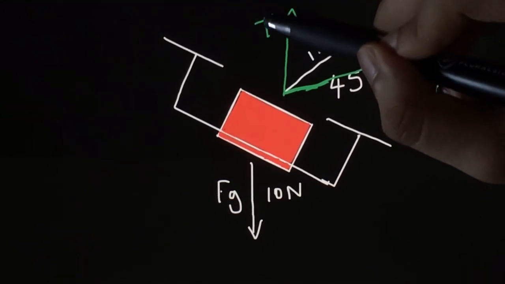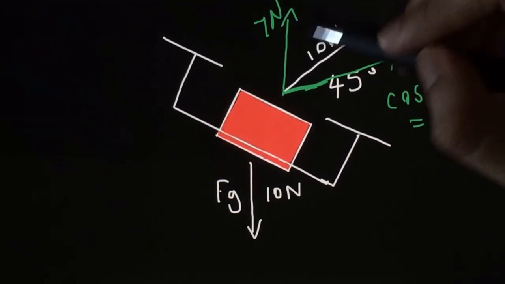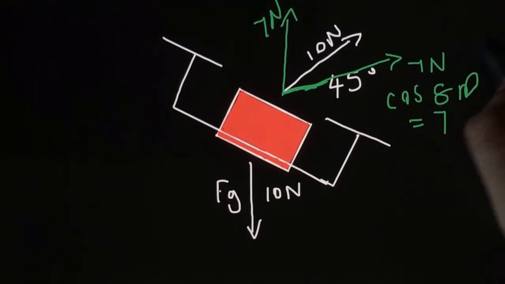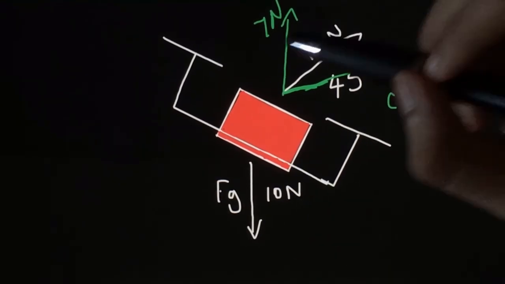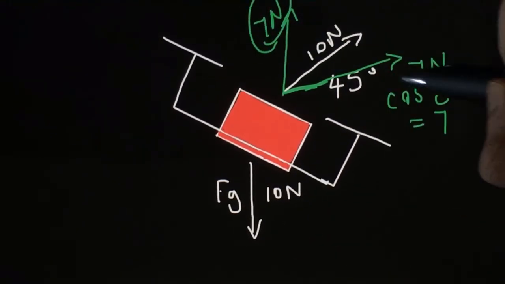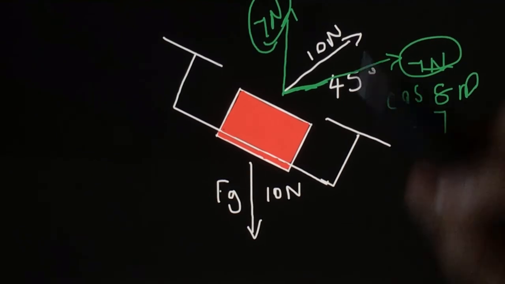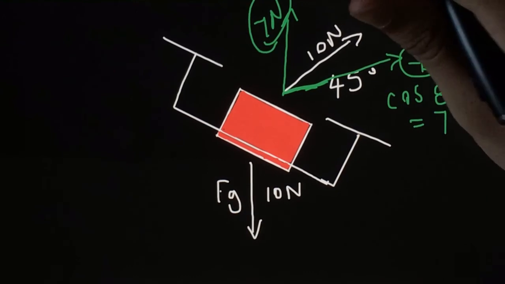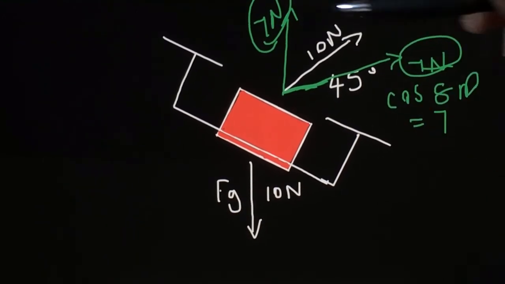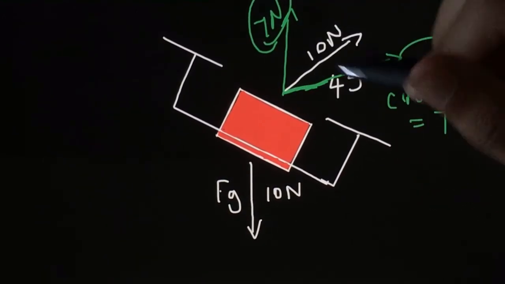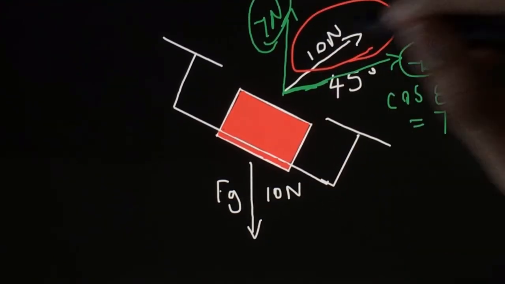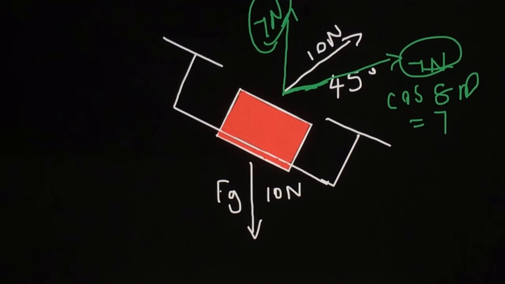So there's a 7 newton force thrusting up and a 7 newton force going to the right. Now the drone is rotating because of the 7 newton force, and the resultant vector is 10 newtons.